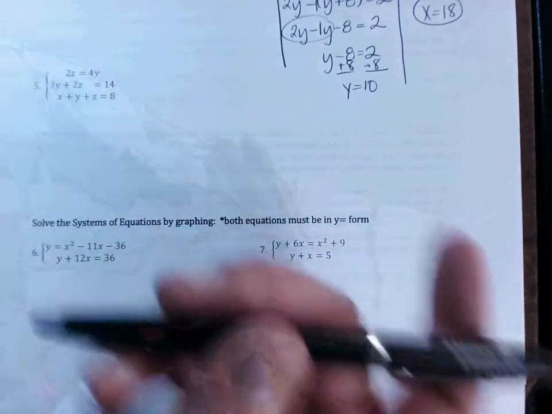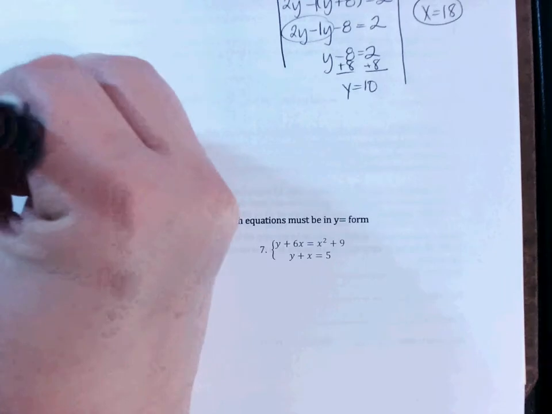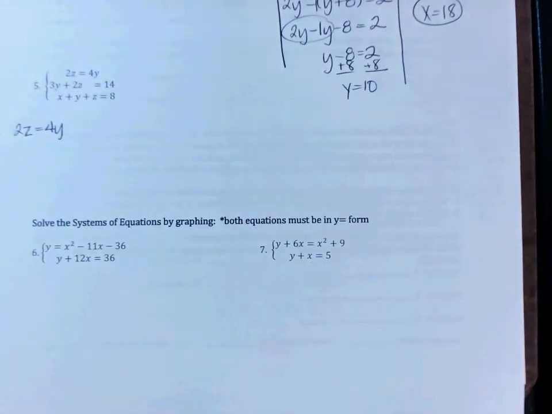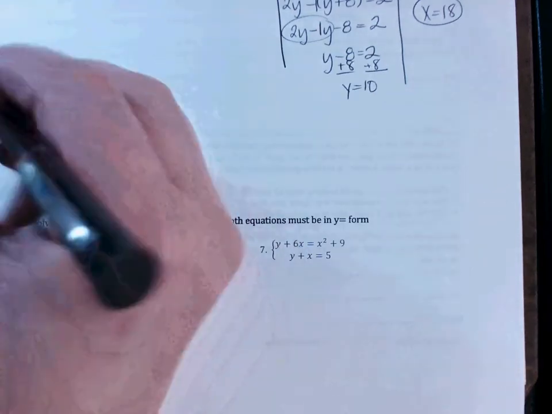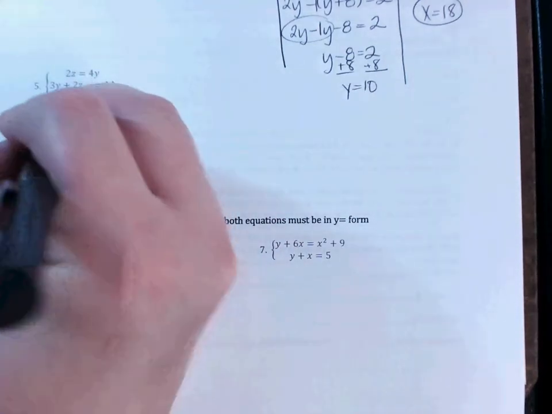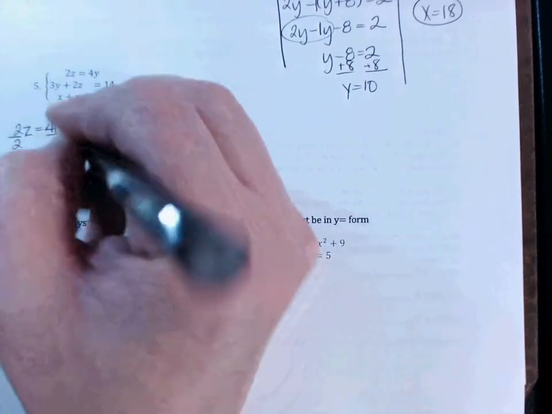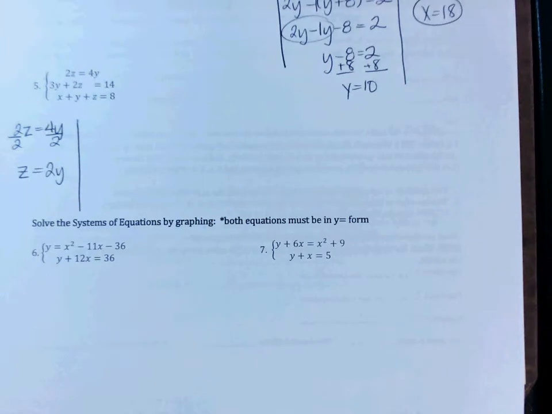I'm going to start with the top equation. 2z is 4y. What does that mean that z equals? Because it has to be a substitution equation. What would I do with the 2 in the front? Divide. What does z equal? 2y. Okay? Now go to the next equation.